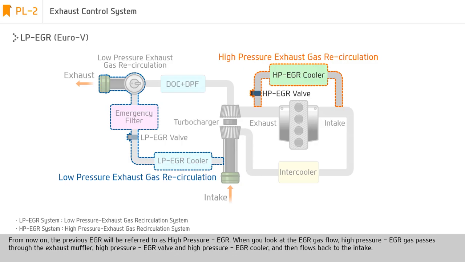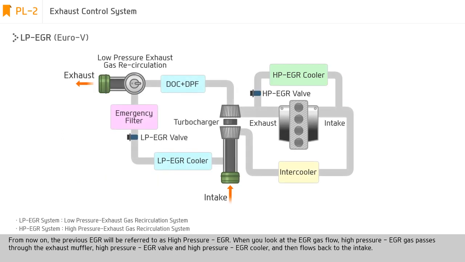When you look at the EGR gas flow, high-pressure EGR gas passes through the exhaust muffler, high-pressure EGR valve, and high-pressure EGR cooler, and then flows back to the intake.